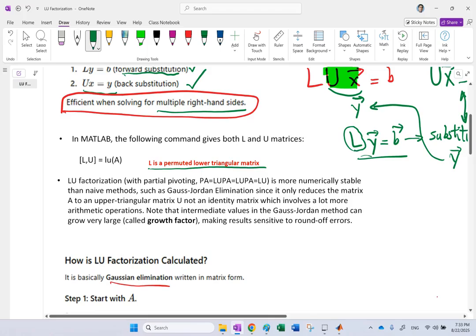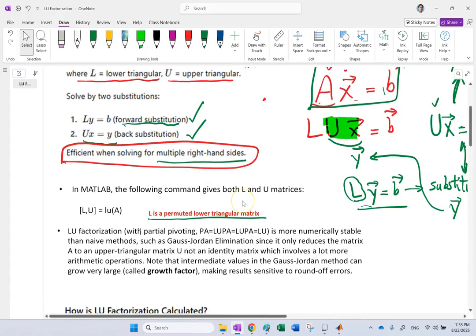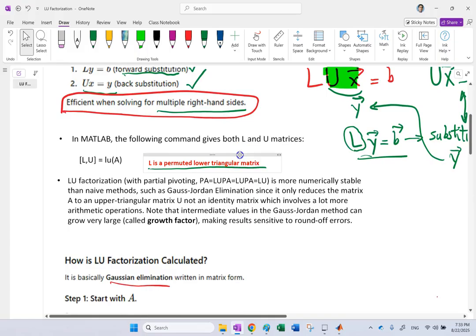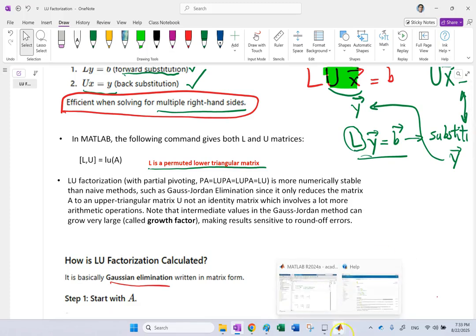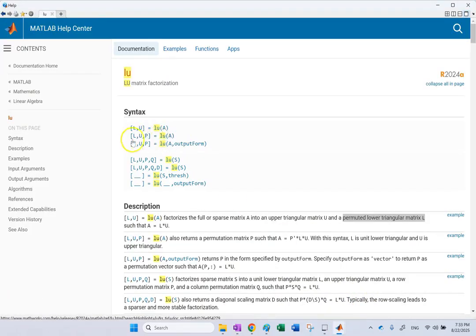Okay. And then you might say, well, can I think that this is ever going to give me the right answer? Well, the L is actually a lower triangular matrix. Yes. That is when you use the second format of it, [L, U, P] equals LU of A. In that case, A can be written as P transpose times L times U, or it can say P times A equals L times U. Okay?